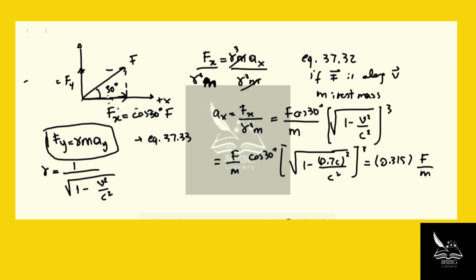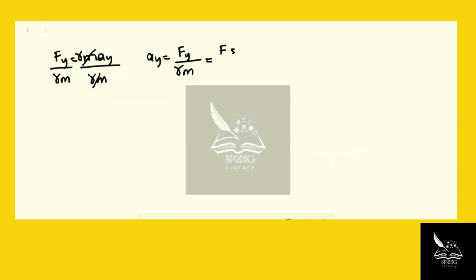So on a new page, the force along the y direction is gamma factor times m times a sub y. We're trying to figure out a sub y, so I'm going to divide both sides by gamma times m. So a sub y is going to be F sub y divided by gamma times m. F sub y, going back to the first page, is sine 30 times F. So then F sine 30 divided by m, and I have 1 over gamma, so I have the square root of 1 minus v squared over c squared.